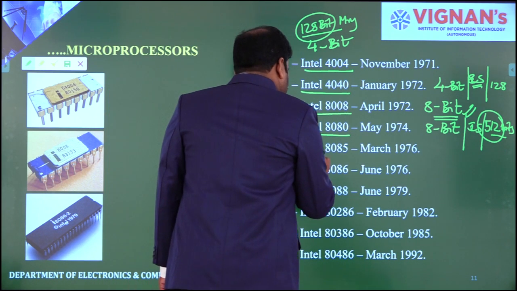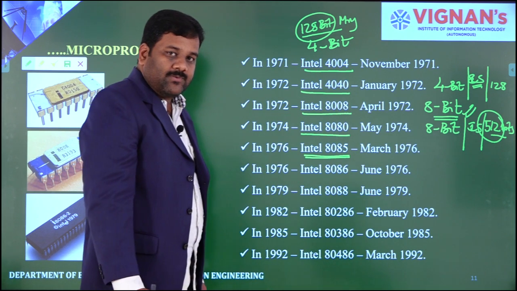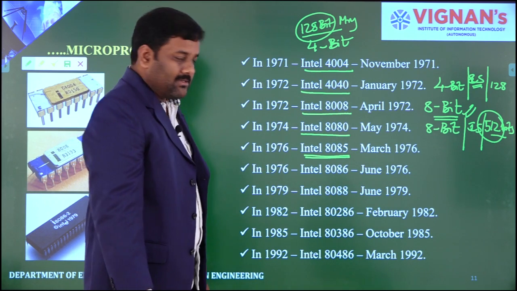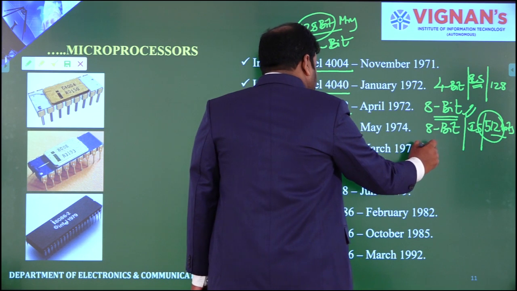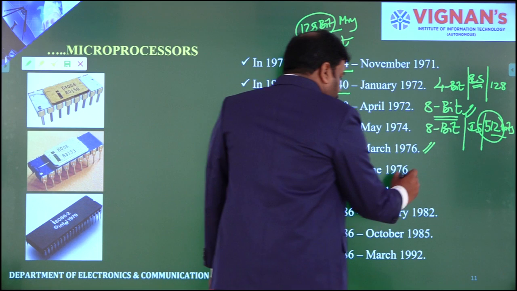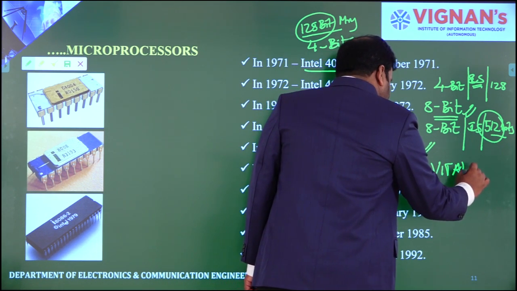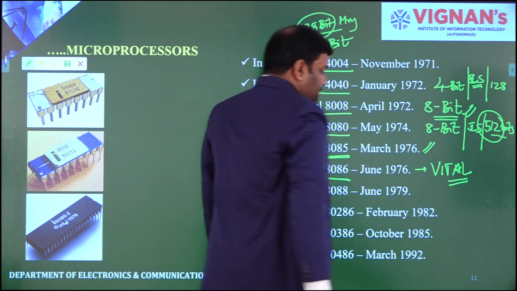In 1976, the 8085, the first microprocessor to support interfacing, was introduced. Then the 8086 came, where microprocessor generations and implementations play a vital role.